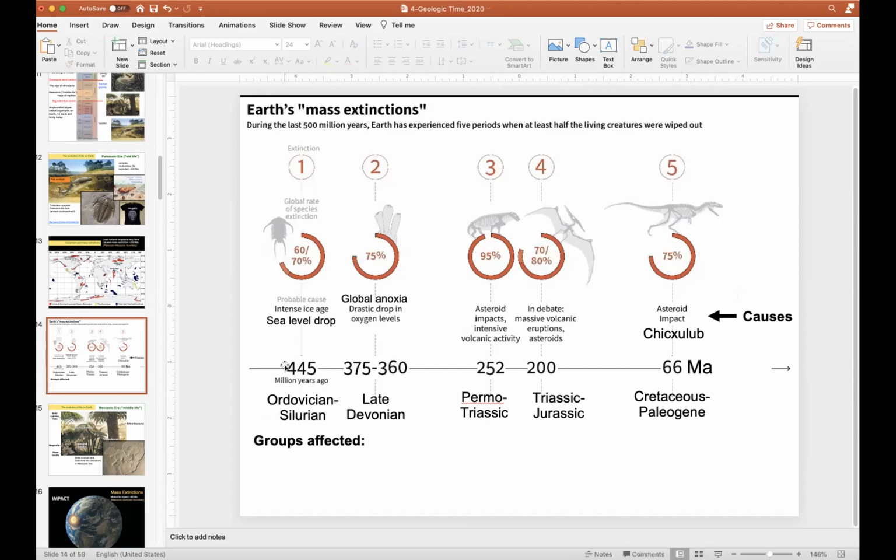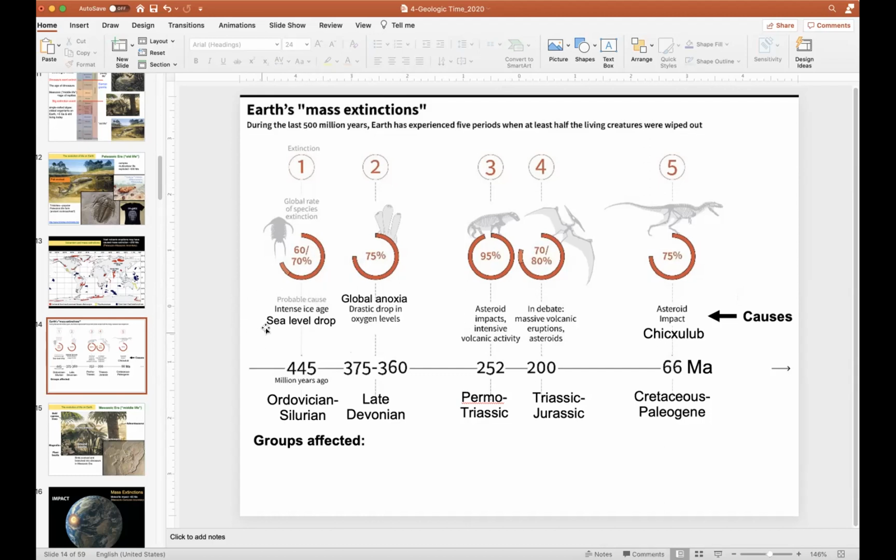Okay, the 2 earlier ones at the Ordovician-Silurian. Okay, so remember that the Cambrian starts at 545 million. I think it's 545 or 525. I think it's 545. 545 million years ago. That's when the hard-shelled animals started to form, when the trilobites existed. Okay, this extinction wiped out some of those species. This is 60 to 70% of the species that were present.